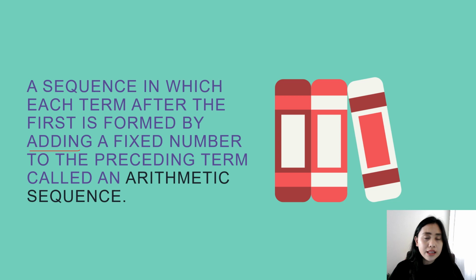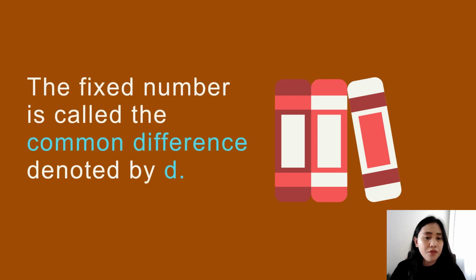Sa makatuwid, para maging arithmetic ang isang sequence, kailangan na merong dinadagdag o ina-add na fixed number. At ang fixed number na ito ay tinatawag nating common difference. The fixed number is called the common difference, denoted by small d.